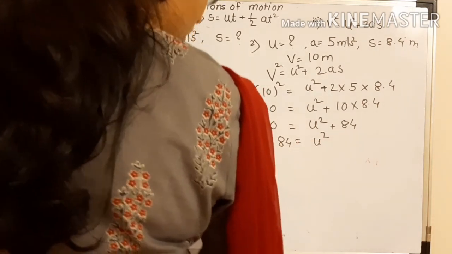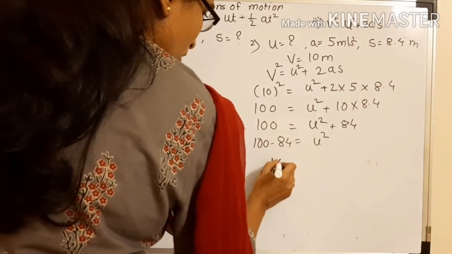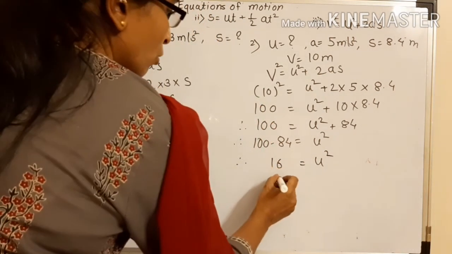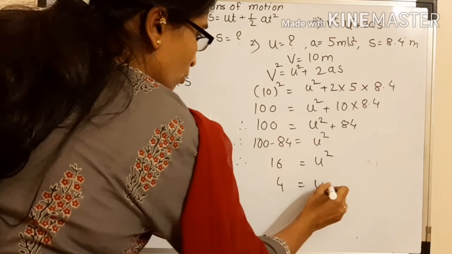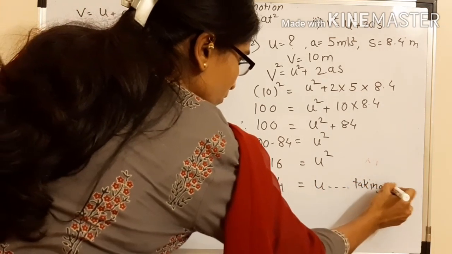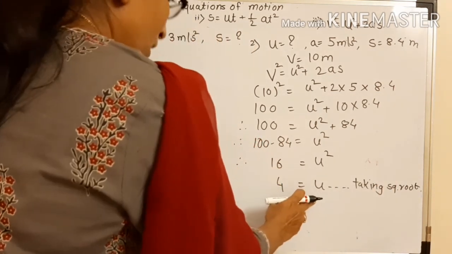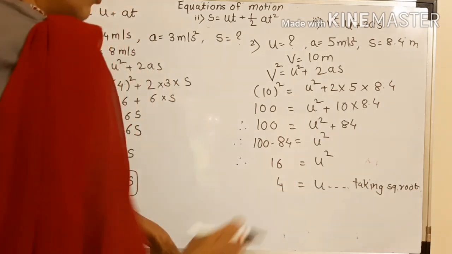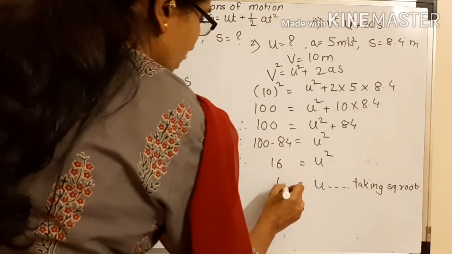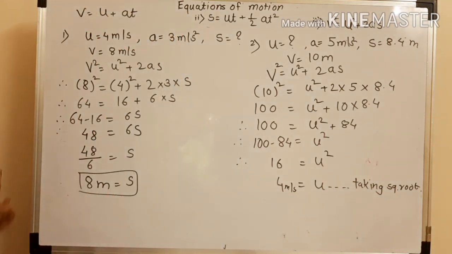After subtracting 84 from 100, it is 16 equal to u square. Now taking the square root, 4 is equal to u. So u, the initial velocity, is 4 meter per second.